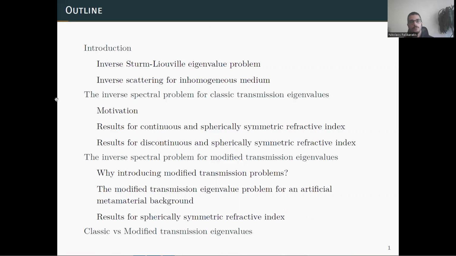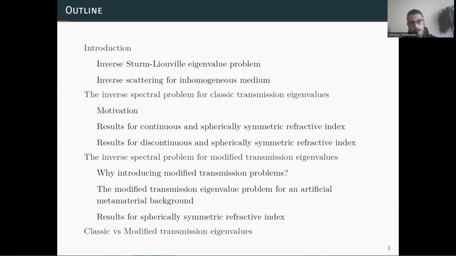So the outline follows. I will do a brief introduction to the subject of inverse spectral problems. We're going to say a few words about the Sturm-Liouville problem, and then also introduce the audience to the inverse scattering for inhomogeneous medium, and I will associate this problem with the transmission eigenvalues.